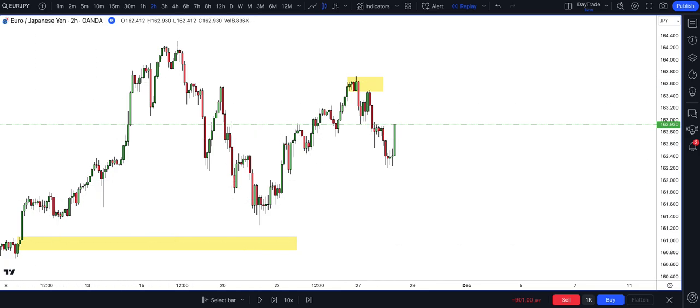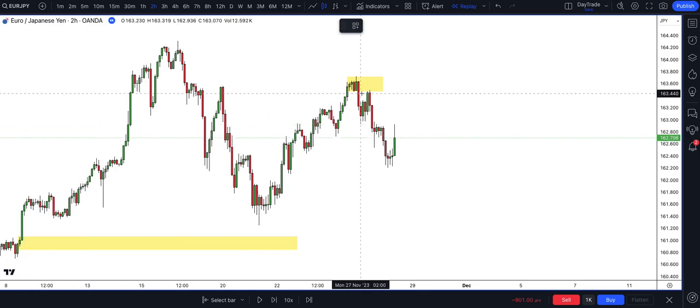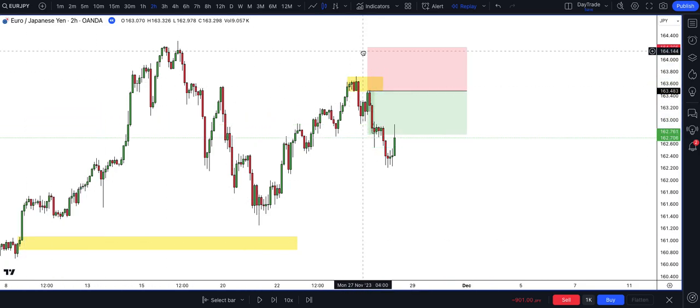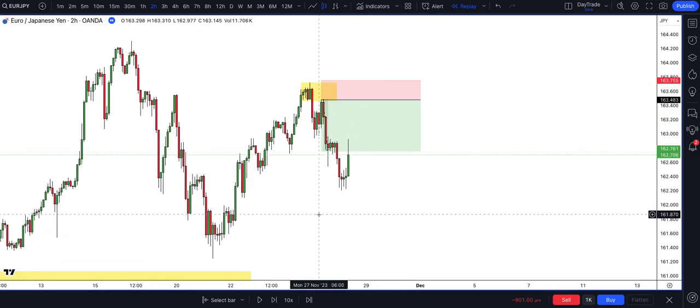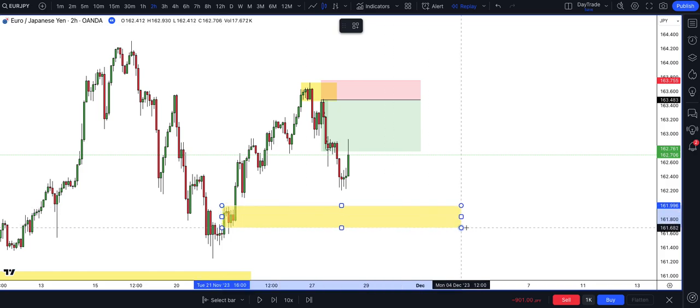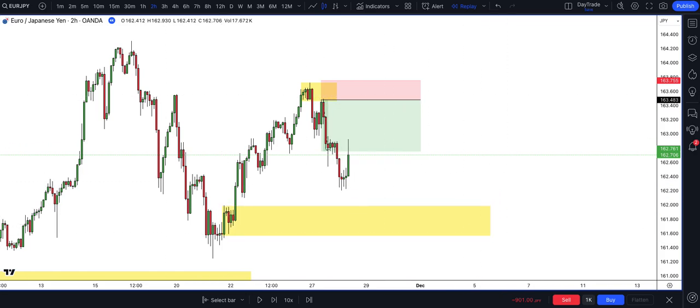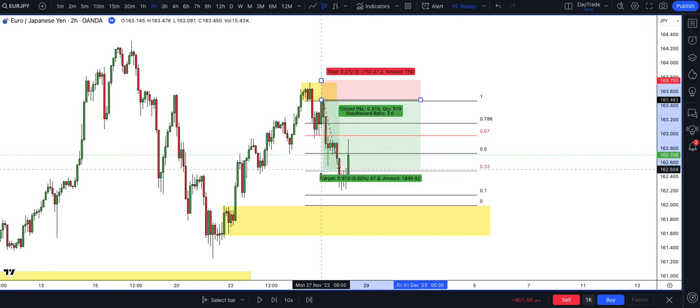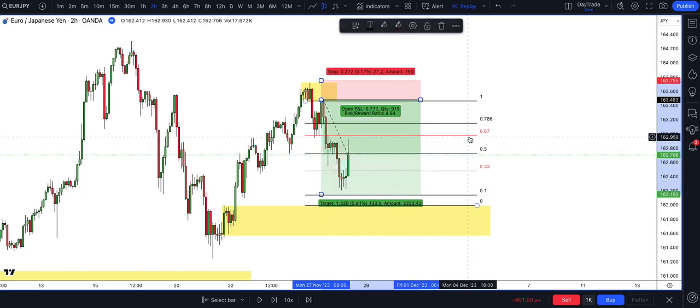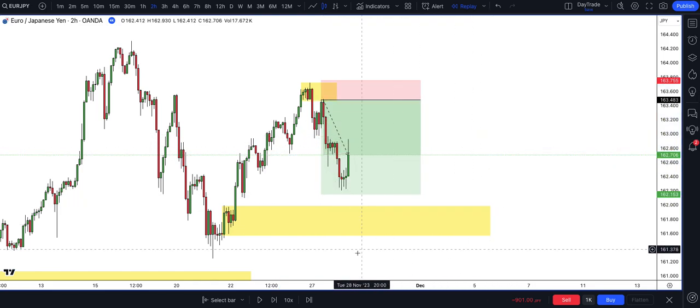There you go. It's kind of bounced nicely from there. So if we were taking that trade, probably would have had our take profit down to this zone here. I've just missed it, so let's keep going.